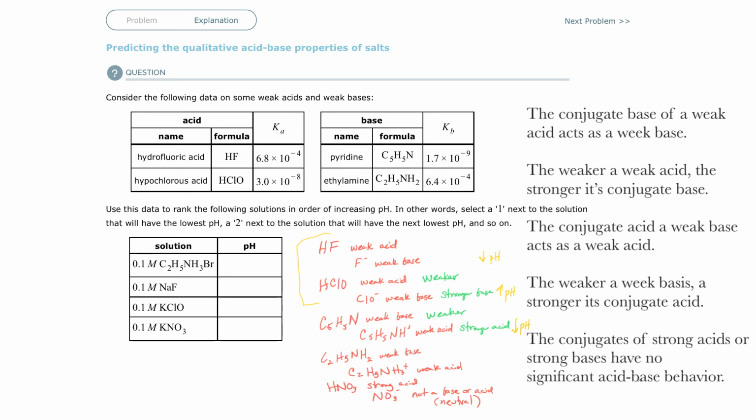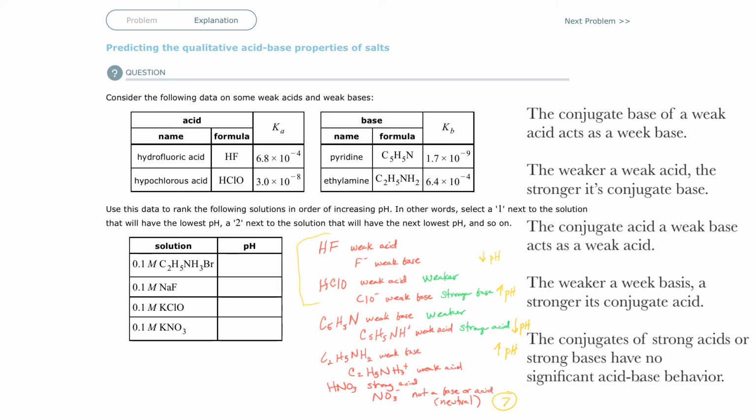The stronger acid is going to have the lower pH, and then the one that's not stronger is going to have the higher pH. And then what happens when you have the conjugate of a strong acid or a conjugate of a strong base? It's going to be neutral. It'll be towards 7.